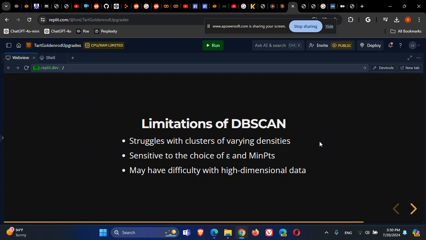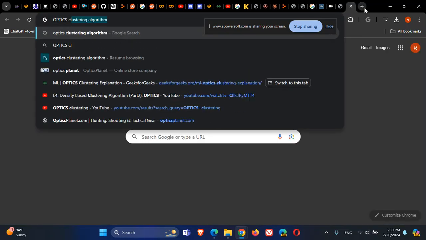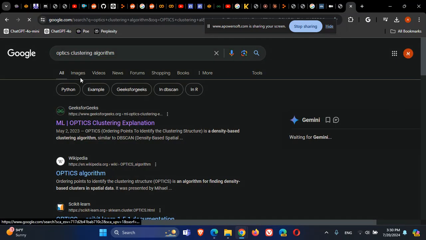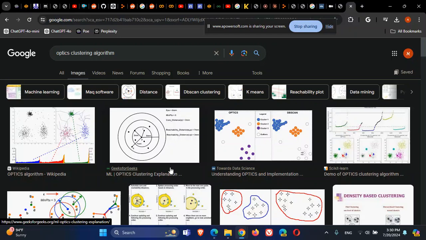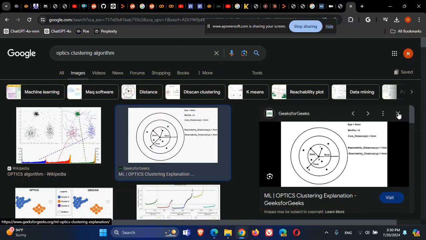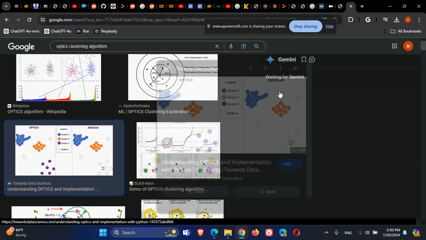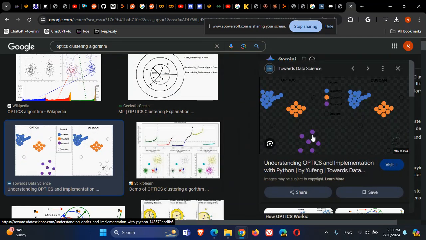Here comes again the OPTICS clustering algorithm. OPTICS is another density-based algorithm, but it can find clusters of different densities. You can see here different density clusters. It found them.